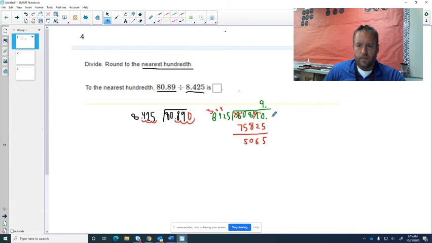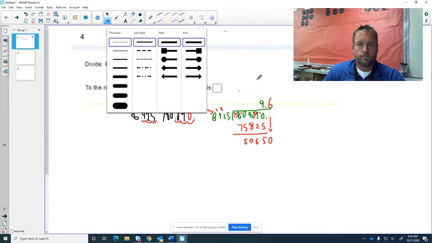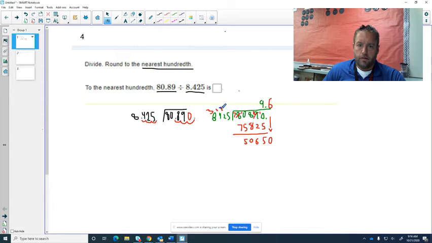Now, because 8,425 does not go into 5,065, we are going to bring down a 0. And 8,425 goes into 50,650 probably about 6 times. I'm going to switch colors. 6 times 5 is 30. So carry the 3. 6 times 2 is 12, plus 3 is 15.